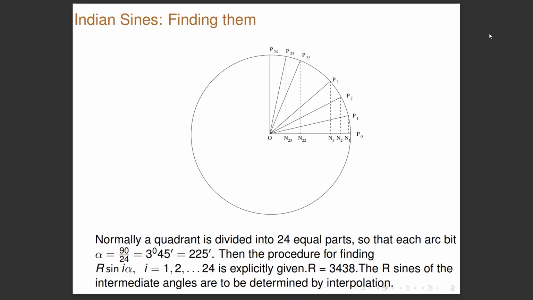Normally it is taken to be a circle of radius 21,600 minutes. 21,600 is 360 into 60, so each minute of angle corresponds to a unit distance in the circumference. So the radius will be 21,600 by 2 pi, which is nearly 3438.